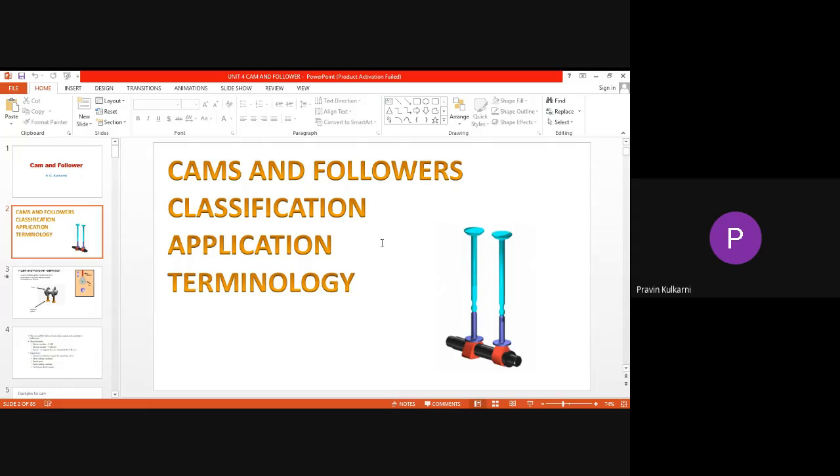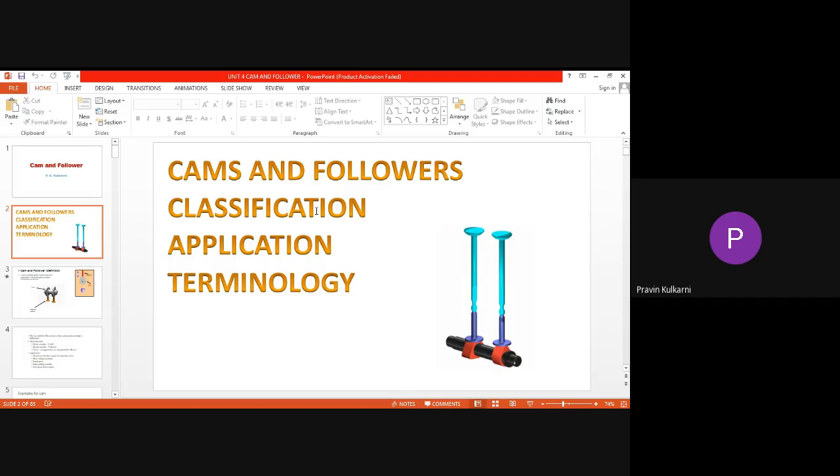In fact, you might have studied the terminology in case of cam and followers. Like trace point is a point lying at the center of the roller or roller follower, isn't it? What is trace point? Trace point is a point at which there is transformation of motion from cam to follower. Cam rotates and follower, say, reciprocates. So this transformation of motion will take place at a point called the trace point.